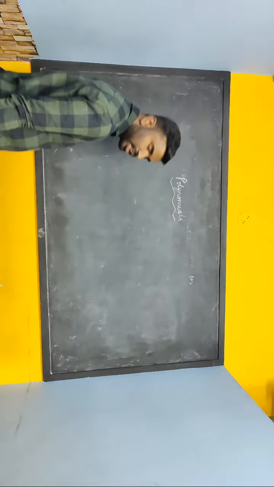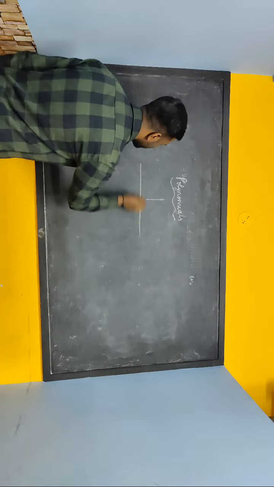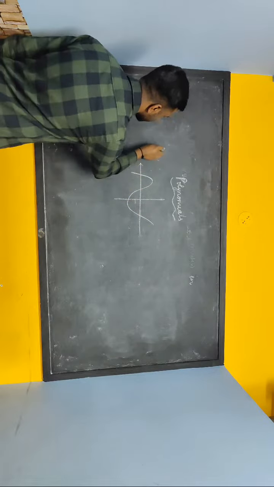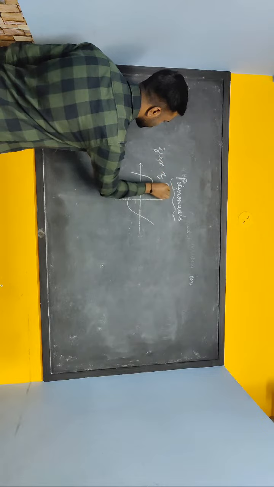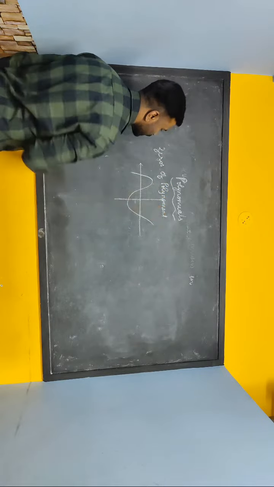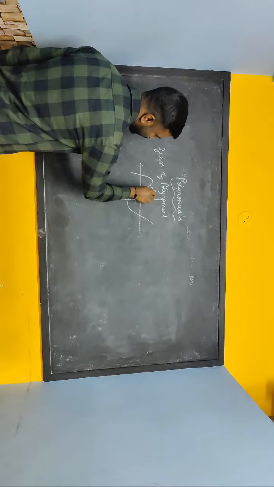Then finding the zeros of the polynomial when it is represented graphically. Consider this as the given polynomial p of x.